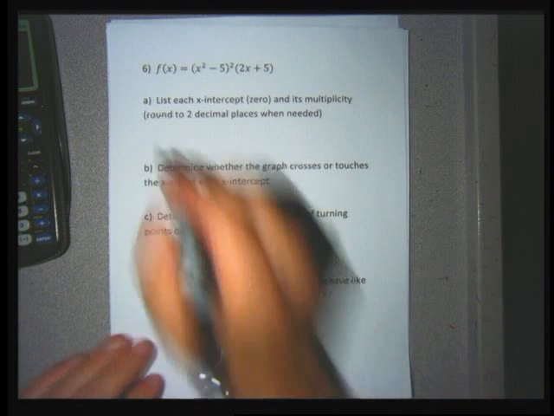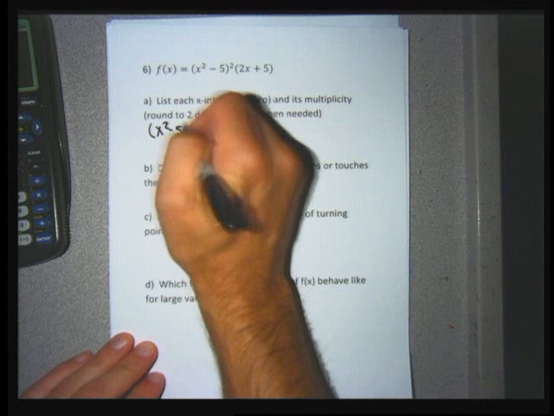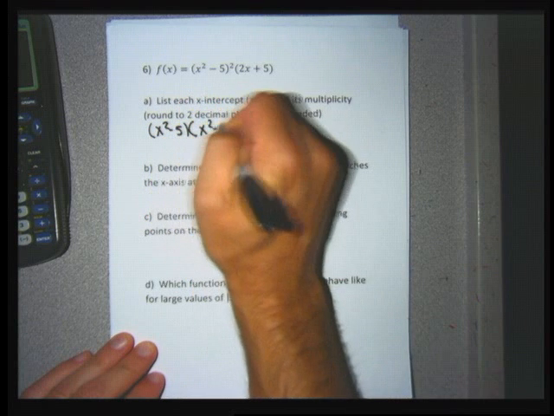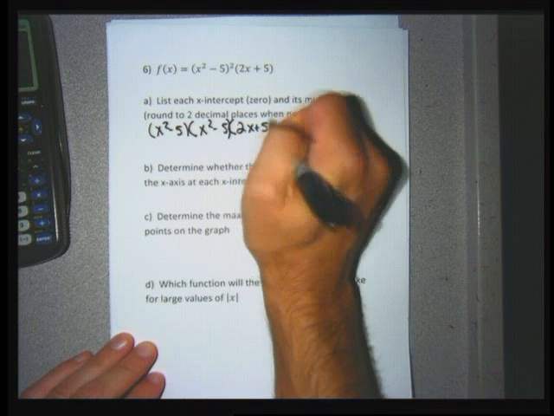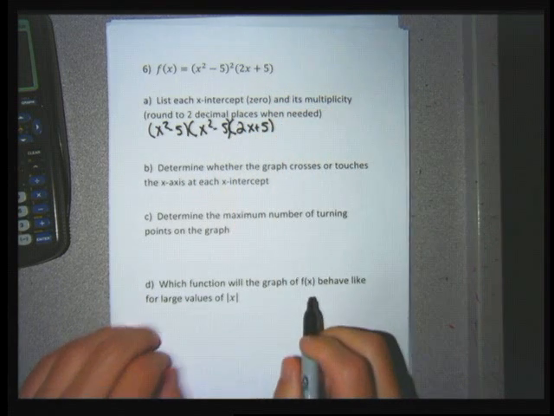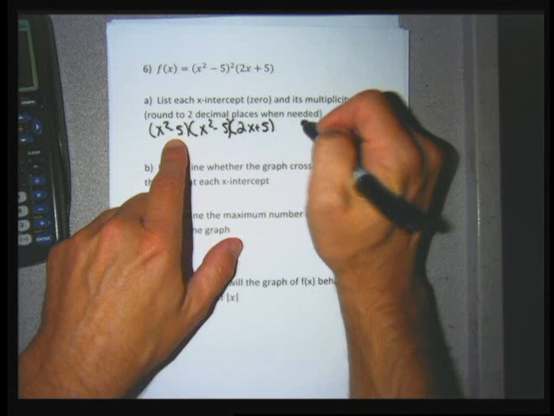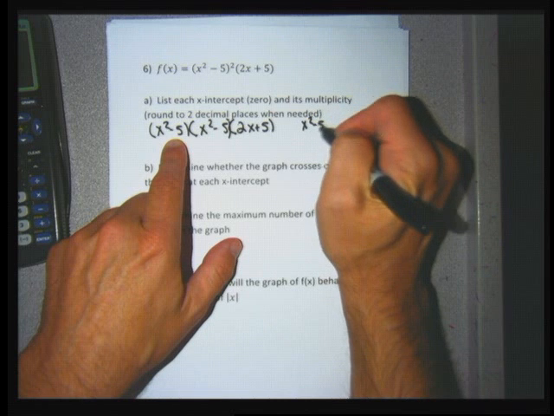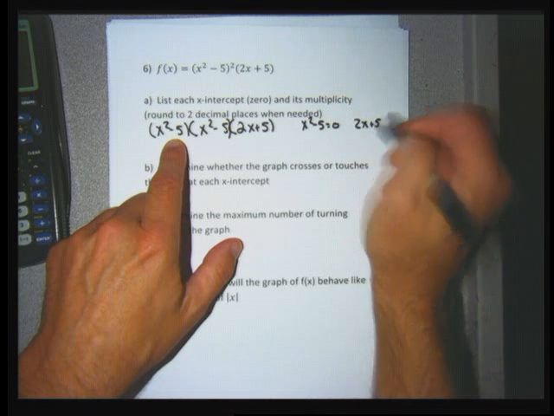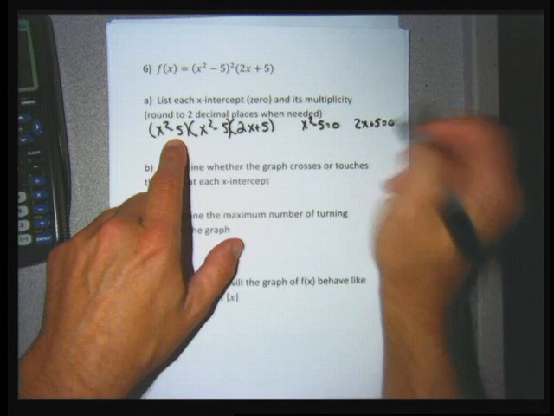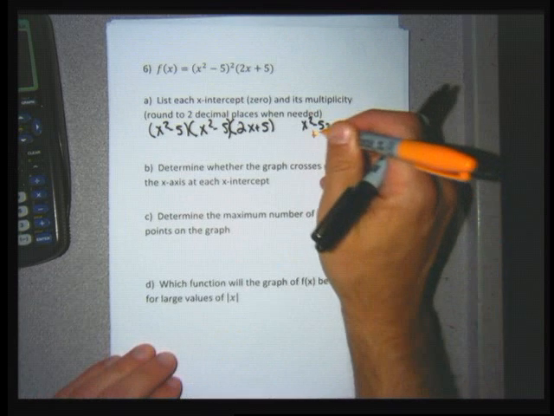So finding the x-intercepts, I'm going to expand because it's going to help me eventually. To find the x-intercepts, it's enough just to take each unique parentheses and set it equal to 0. The unique parentheses are the x squared minus 5 and the 2x plus 5. I'll set them each equal to 0. You have to remember the algebra for solving this x squared minus 5.